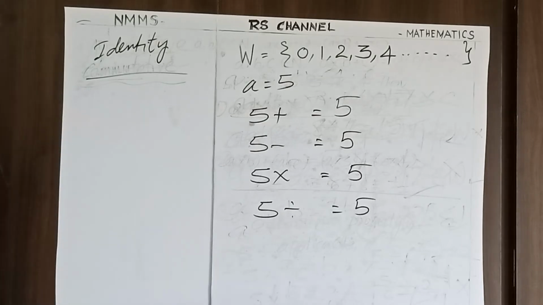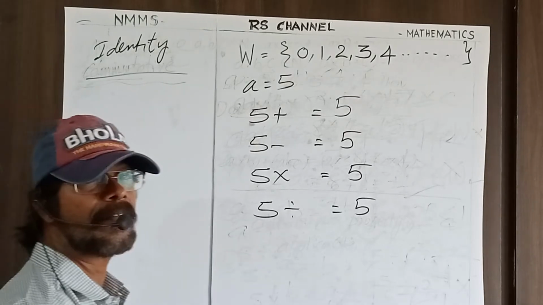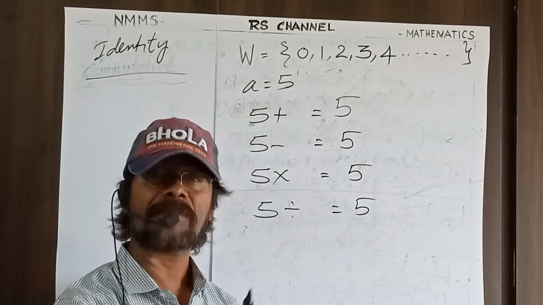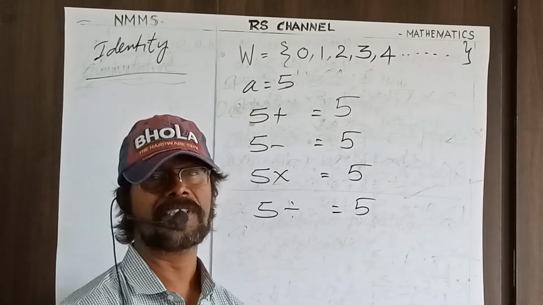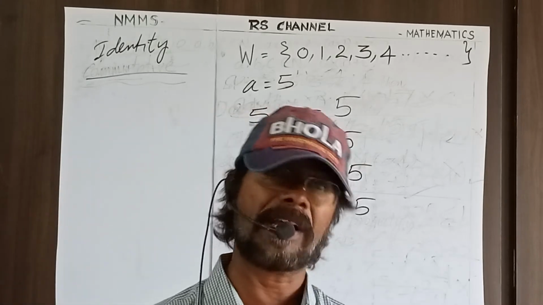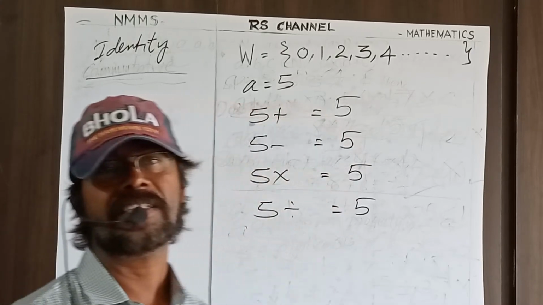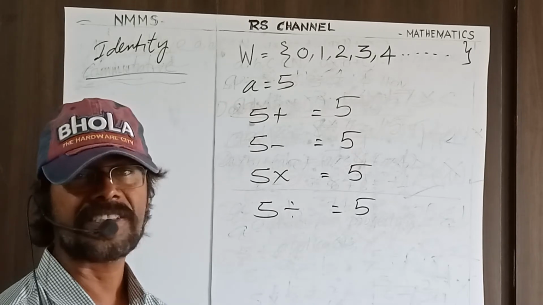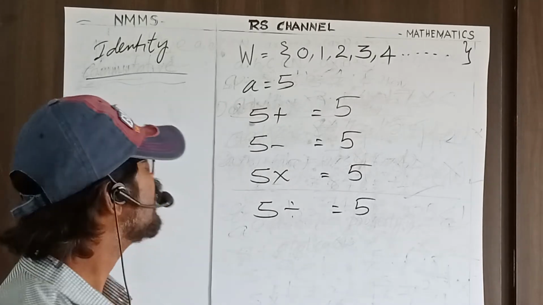Then we say it follows the identity. Such a number must be present in whole numbers or not, we have to see. If that number is in whole numbers, then we say it follows the identity. Otherwise, it is not following the identity.